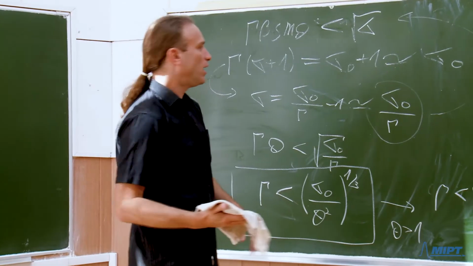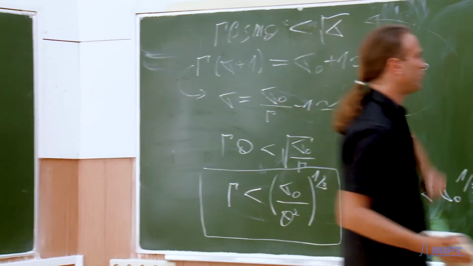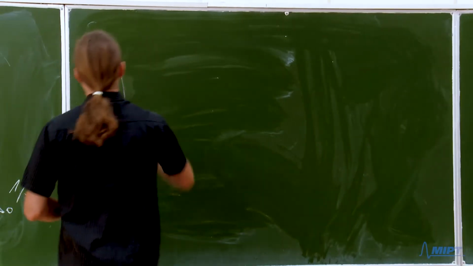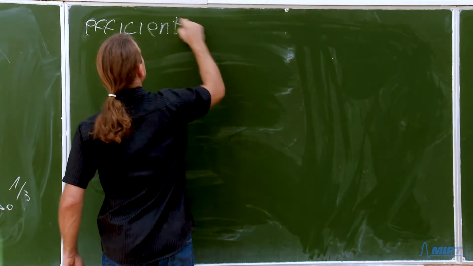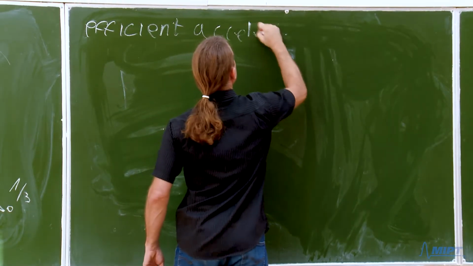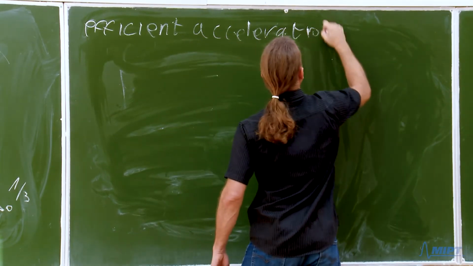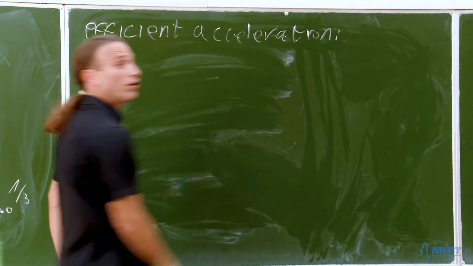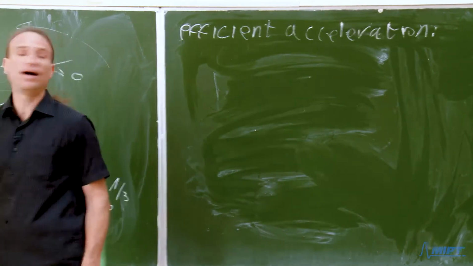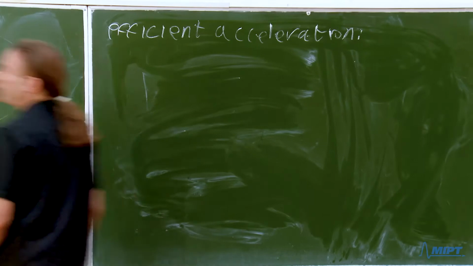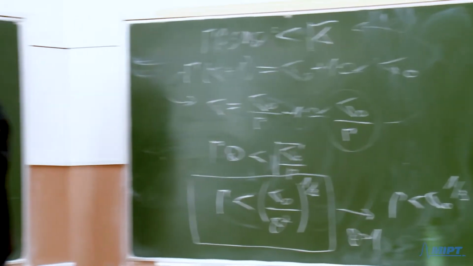I will erase this, since you're probably copying it. Efficient acceleration. So to have an efficient acceleration, the condition was, I erased it, so let's write it here: strong contact.